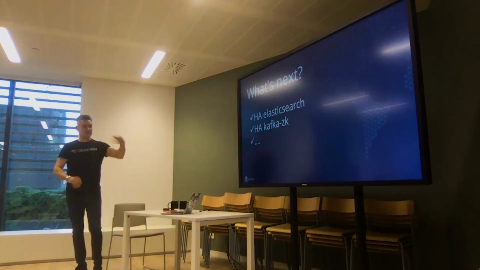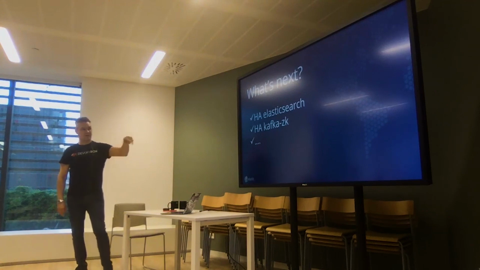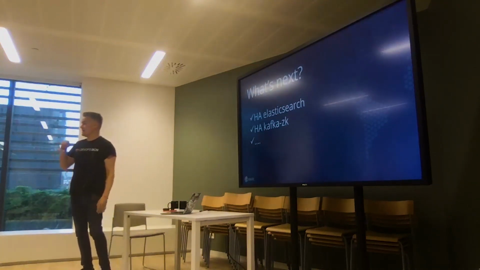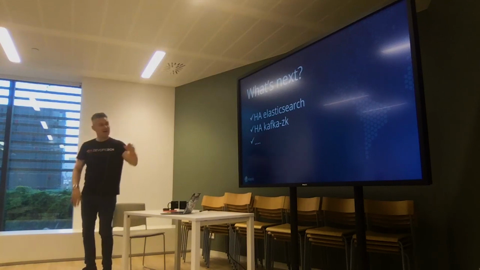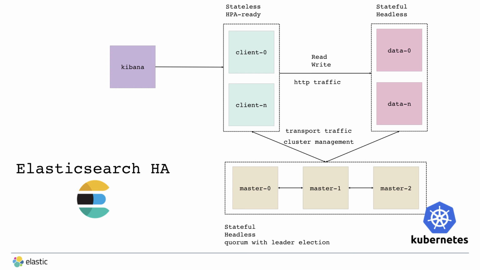And so just to end the presentation, the things that we should be doing next are basically enabling the high availability of Elasticsearch and the high availability of Kafka. How will we do this? By having a layout similar to this. The product Elasticsearch is very easily configurable for HA by having a quorum of masters and a number of data nodes, and then we'll have a number of clients that are stateless.